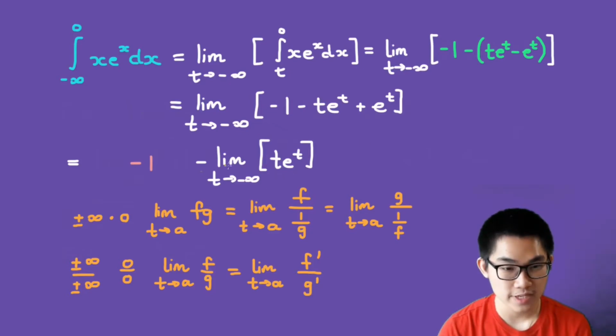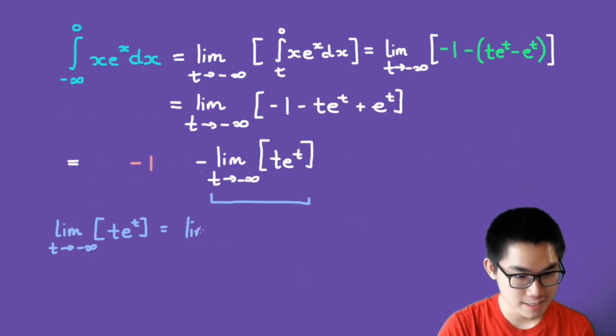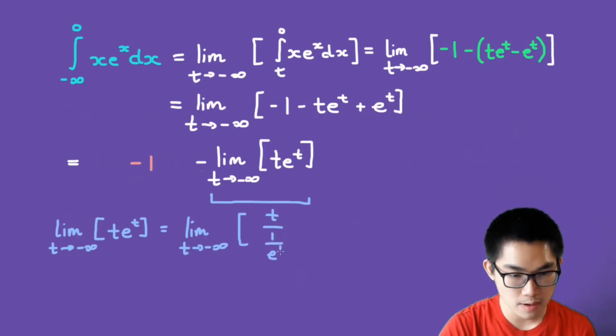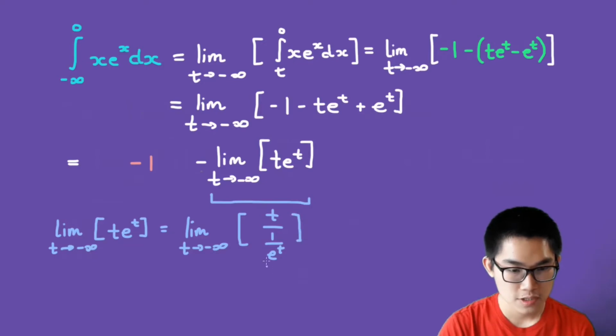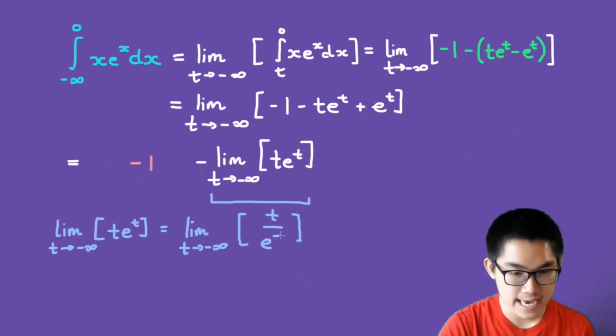For this limit, we're going to use the first rule. This limit right here is equal to the limit as t approaches negative infinity of t over 1 over e to the power of t. Writing it like this does not look beautiful, so you can make it easier for yourself and write this as e to the power of negative t.